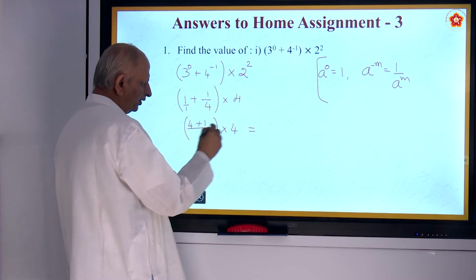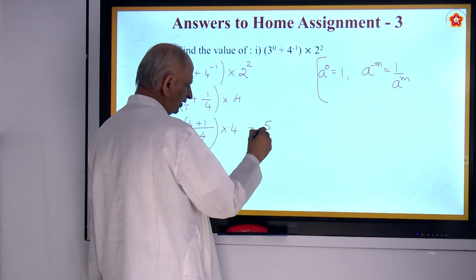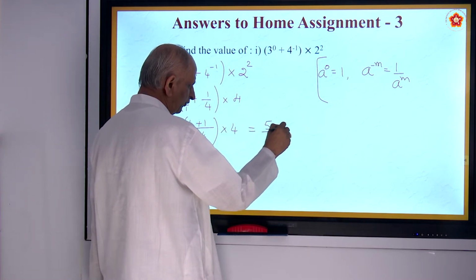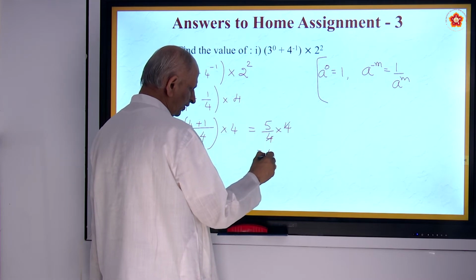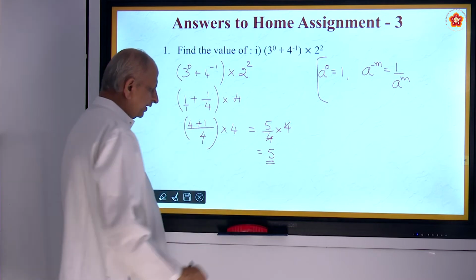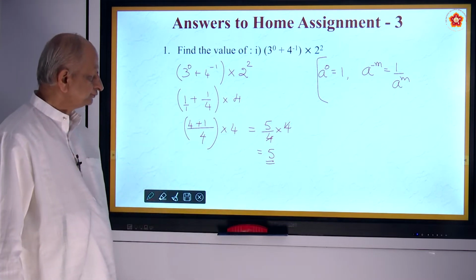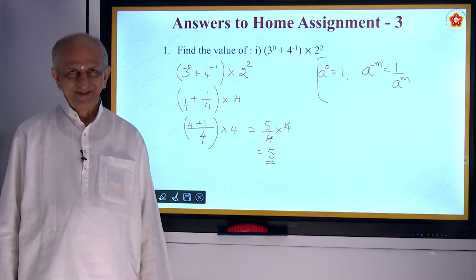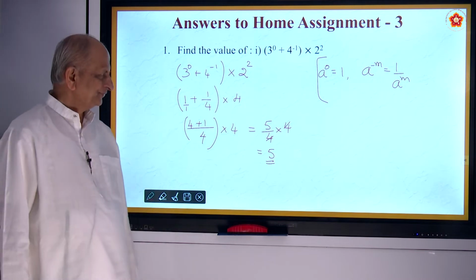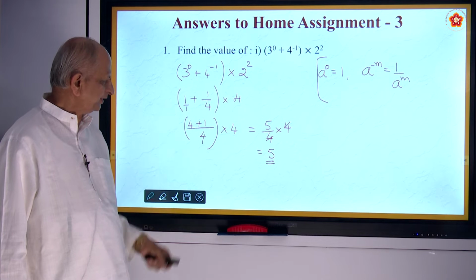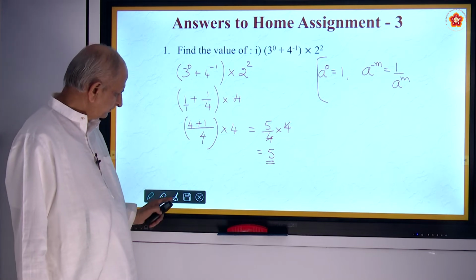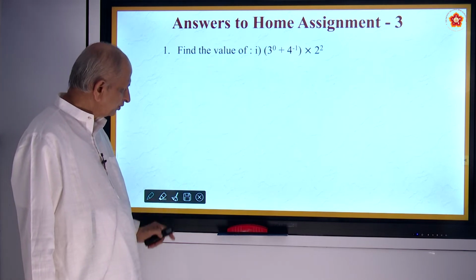So that will be equal to 5 by 4 into 4. So 4 cancels. You get 5 as the answer. So simple, interesting, right? But you should know this formula, then only you can proceed in this. Got it?